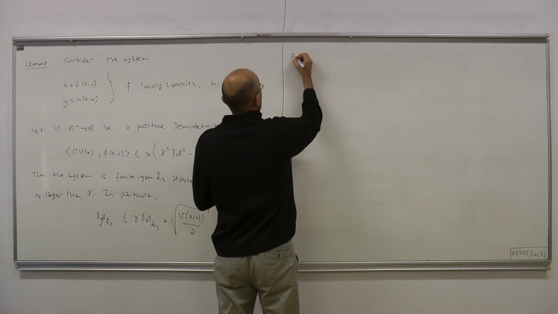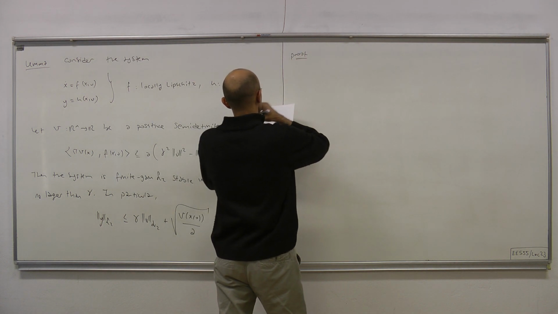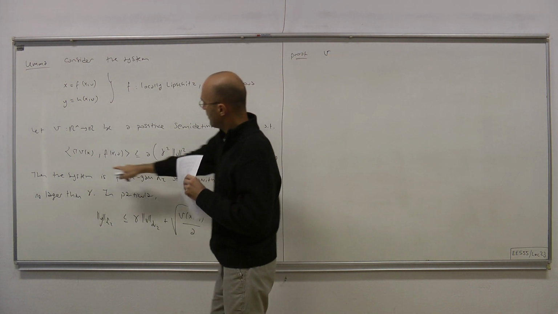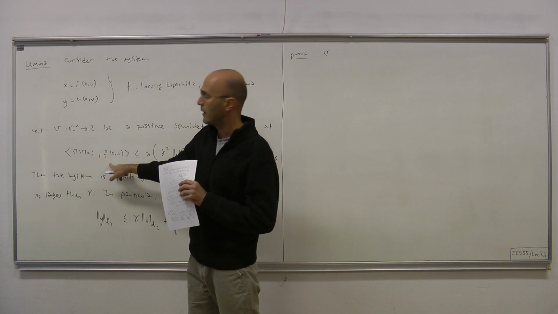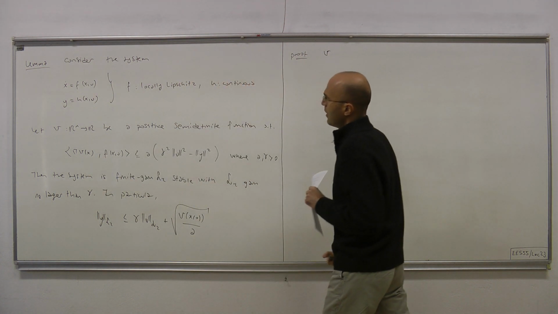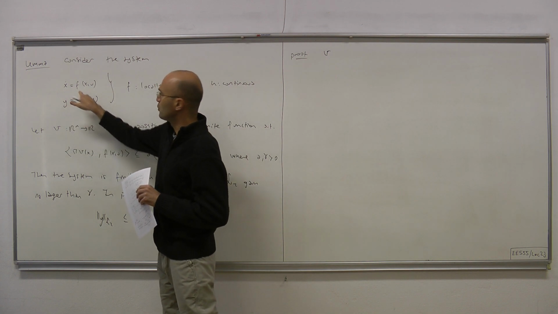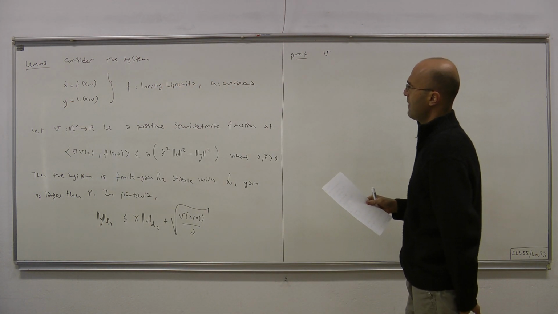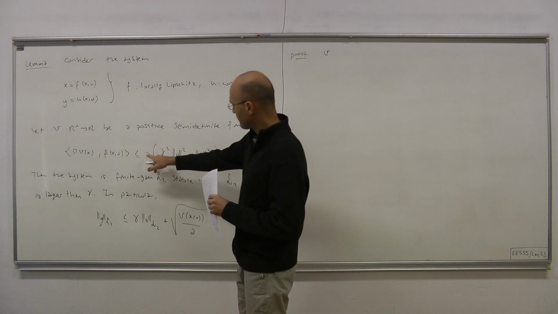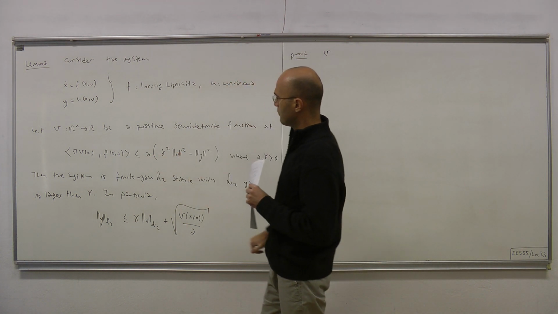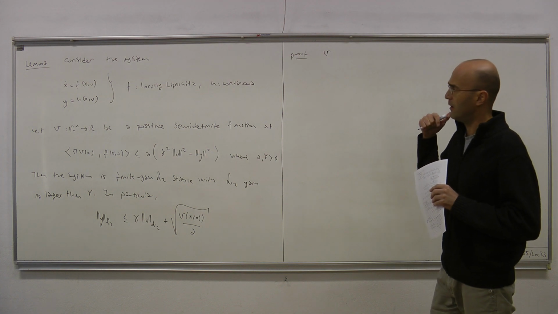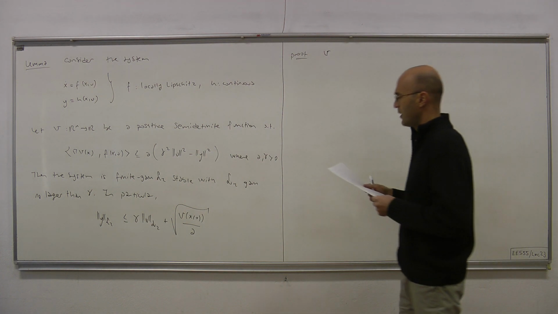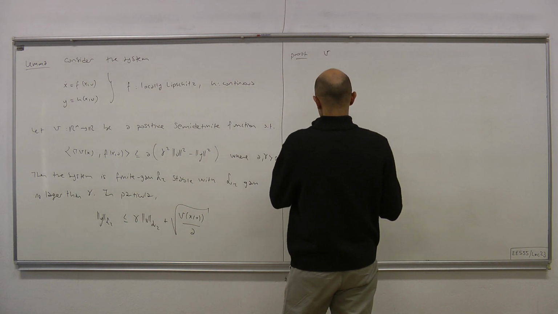So here goes the proof. What we have here is V dot, the time derivative of our function V along the solutions of the system x dot equals f of x, u, and that's upper bounded by this difference of squares of the norms of the input and the output at a particular time.